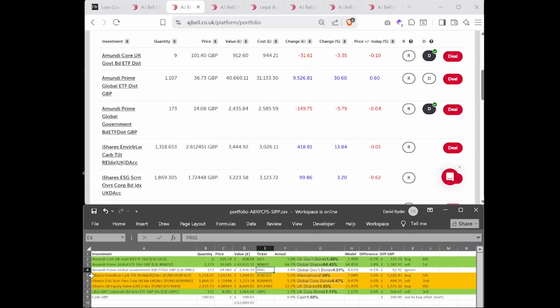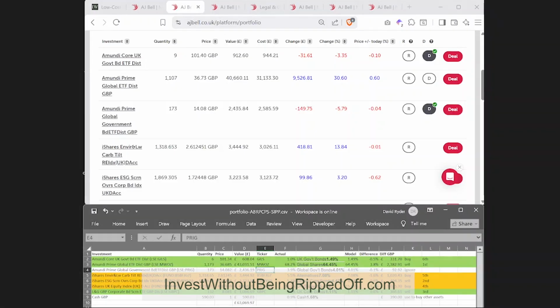So what I do now is I wait a couple of business days for these 3 funds to do their thing. And that will, as I say, take a couple of business days. Then I look to see how much cash I have here. And if I have more than £200, I will buy something somewhere according to what I feel is best. And I'll share that with you later in the video.